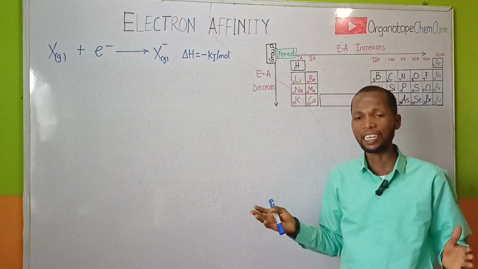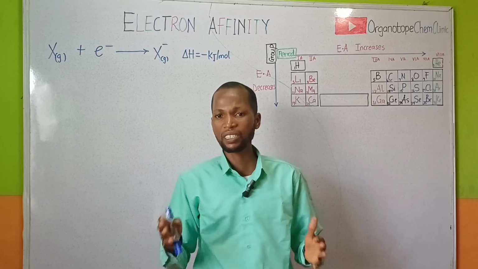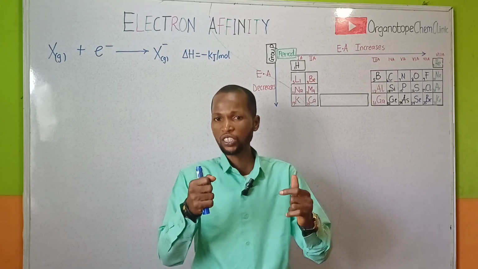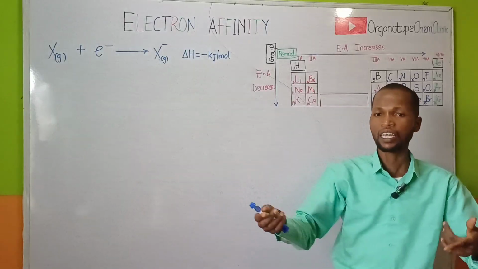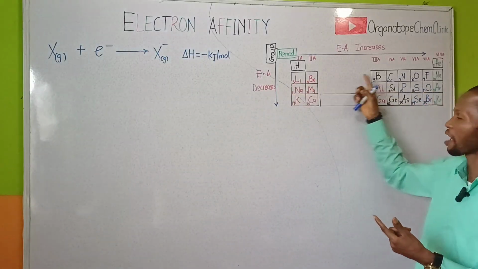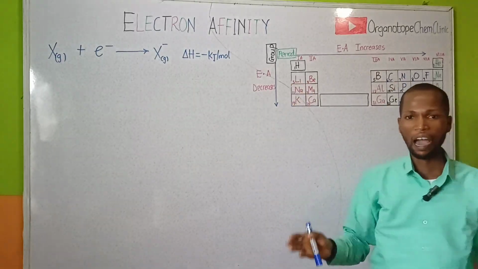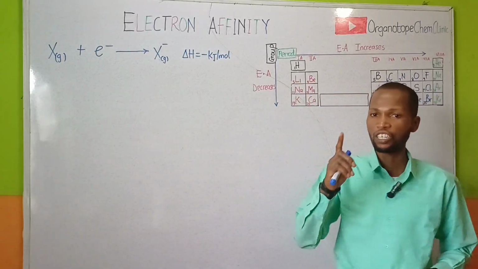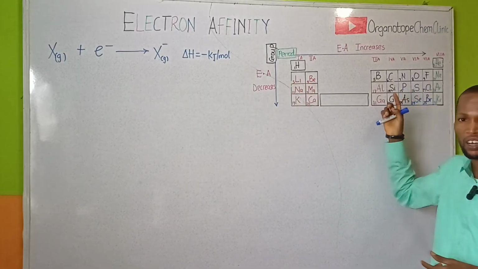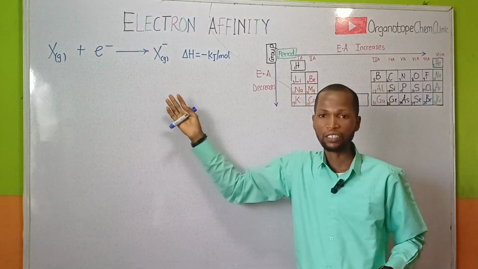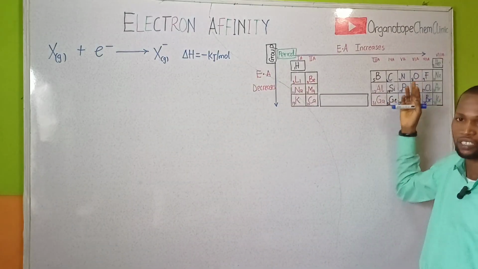So when there is an increase in atomic number across the period, the atomic size decreases. Then the force of attraction between the innermost nucleus and the outermost electron increases as we move across the period in the periodic table. That is, from left to right across the period. Since the attraction of electron towards the nucleus increases across the period, the affinity for electron by an isolated gaseous atom increases across the period.